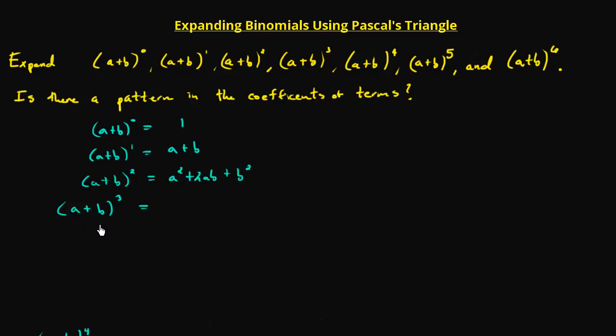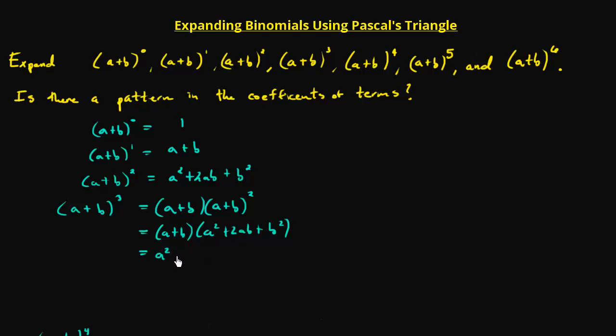And then let's think about how we cube (a + b) to the power of 3. Well, this would be equivalent to (a + b) times (a + b) squared. So this is equal to (a + b) times (a squared + 2ab + b squared). And now I can distribute (a + b) into the brackets.